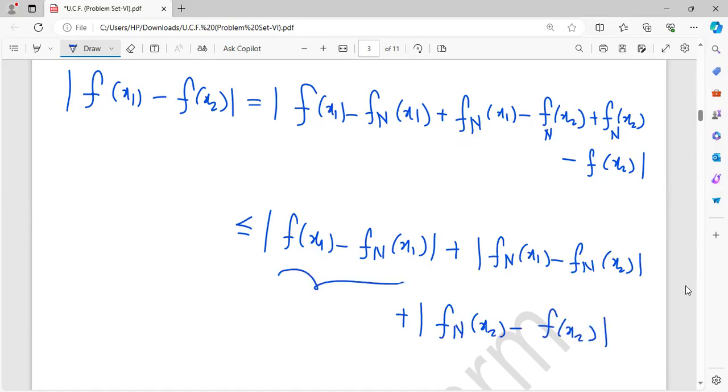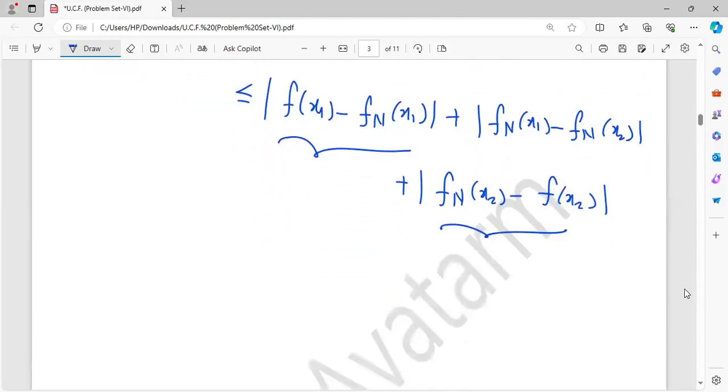Using the triangle inequality, we have: by equation number 1, the first term is less than epsilon by 3. By equation number 1 again, the second is less than epsilon by 3. By equation number 2, the third is less than epsilon by 3. So this is epsilon by 3 plus epsilon by 3 plus epsilon by 3, that is epsilon.